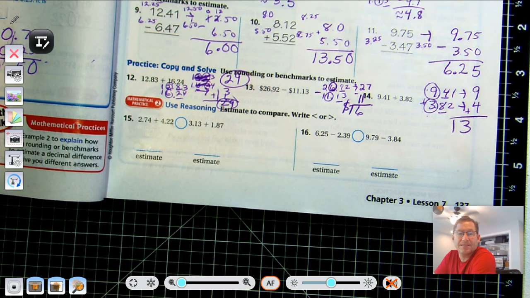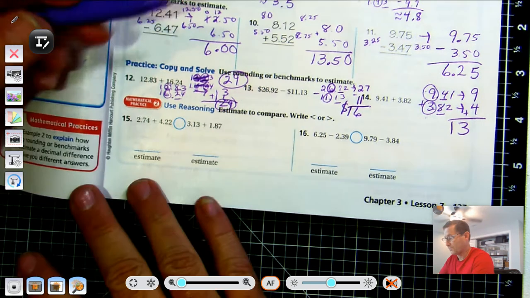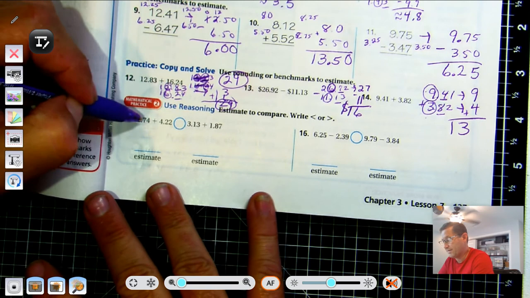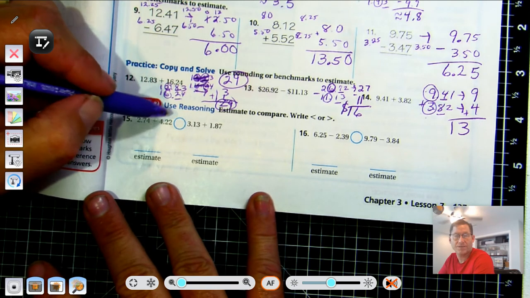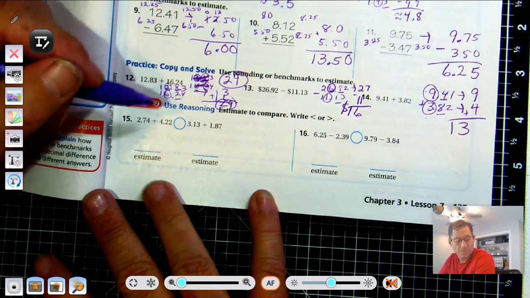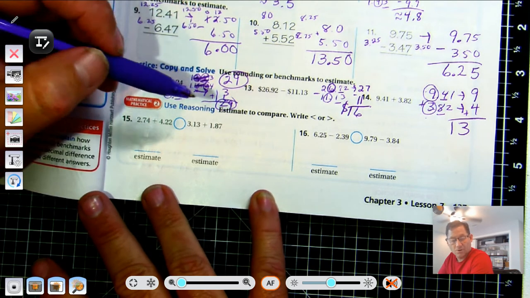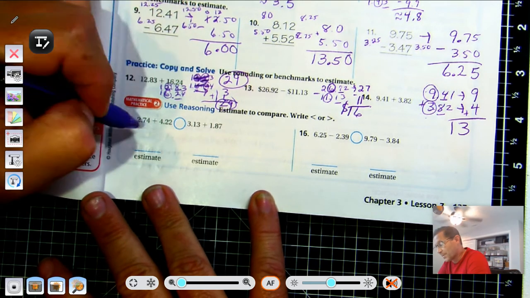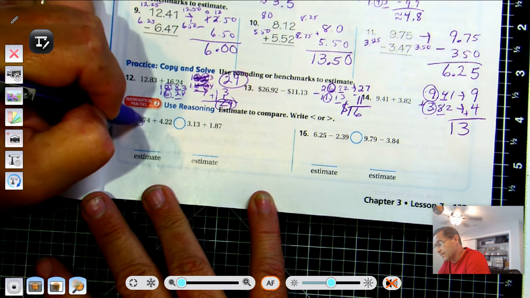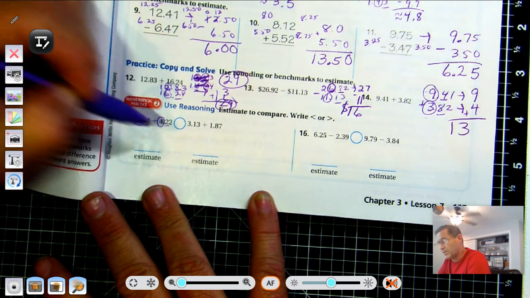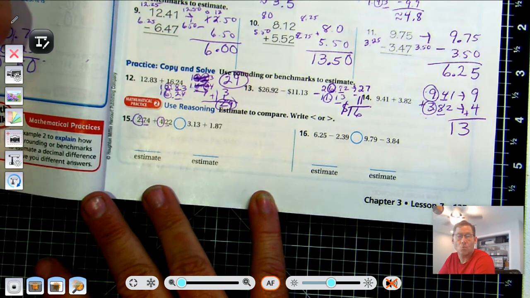All right, 15. Estimate to compare, write less than or greater than. 2 and 74 hundredths plus 4 and 22 hundredths. So I'm going to round both sides to the nearest 1.